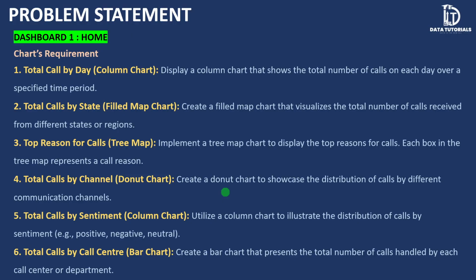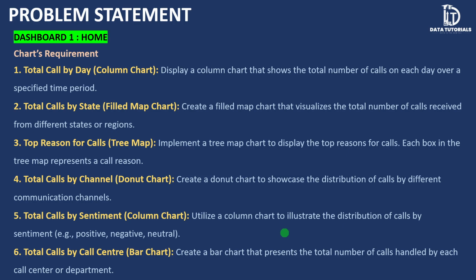So what is the communication from the customers to the channel, and we are going to analyze it in the form of a donut chart. Then the total calls by sentiment. Sentiment is whether we received positive, negative or neutral feedback on that call, or what was the outcome of that call. So whether that particular customer was satisfied or not.